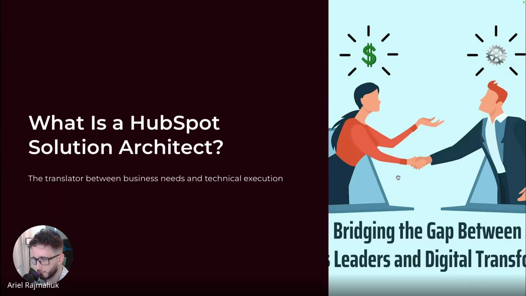So what is a HubSpot solution architect? Again, it's a person who knows a little bit of everything, but specializes in HubSpot. And you will see this in a T-shaped skill mindset. You will find this reference very often, where you have a very wide knowledge of everything, but you specialize in something.